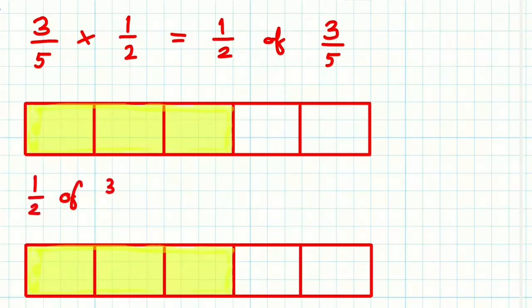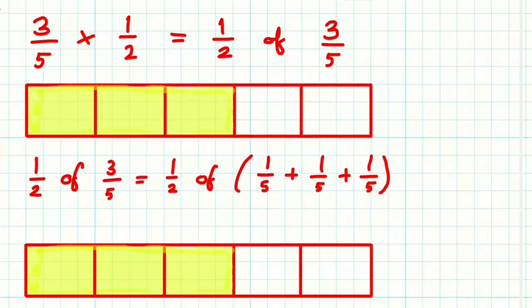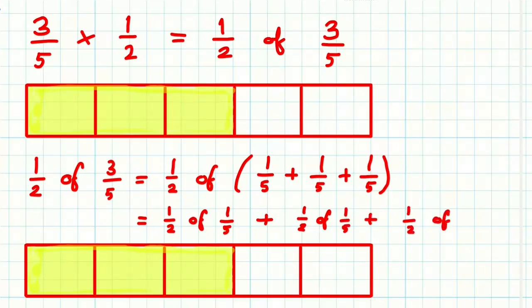So copy the diagram again, and I'm going to show here that we're taking a half of each fifth separately. So it's a half of a fifth and a fifth and a fifth, which is the same as a half of a fifth plus a half of a fifth plus a half of a fifth. And the fundamental principle here is it does not matter in which order you add or multiply.